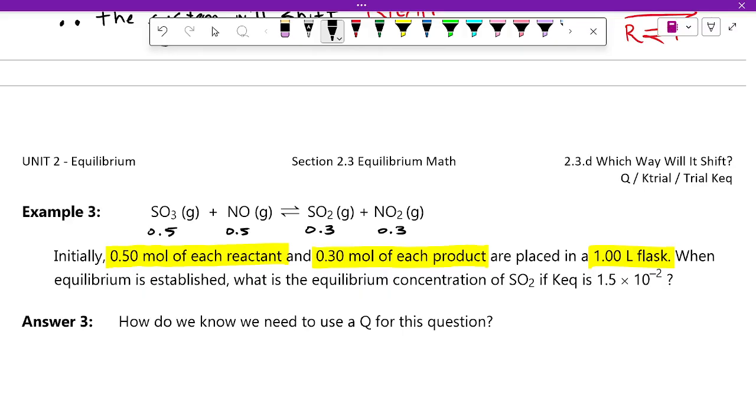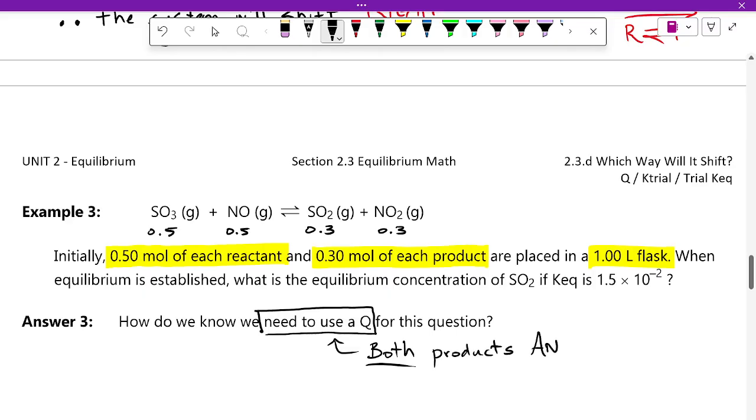And that's where Q comes in. We know we need to use a Q because both products and reactants are placed in the flask. So we don't know which way it shifts.